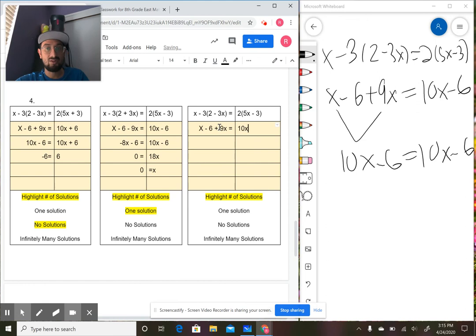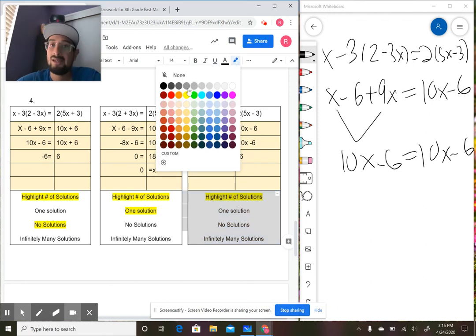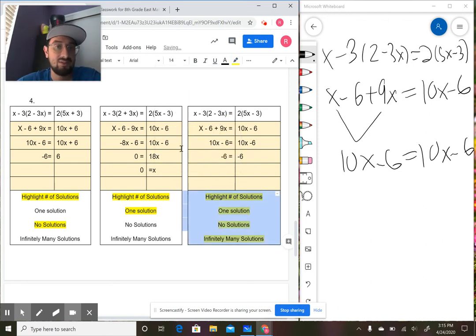And that answer is infinitely many solutions, because that means that they're the exact same line, that they cross an infinite number of times, because they're the exact same thing, right? You can take it one further step down and put negative 6 equals negative 6 and put infinitely many solutions. You can do that too, but you can stop once you have the same thing on both sides. You can stop and say the answer is infinitely many solutions.